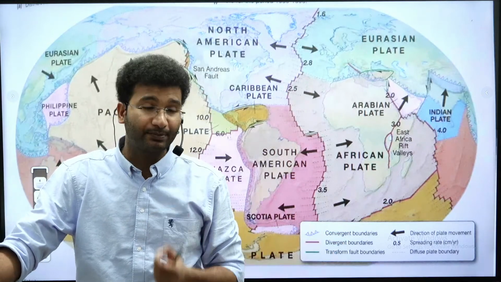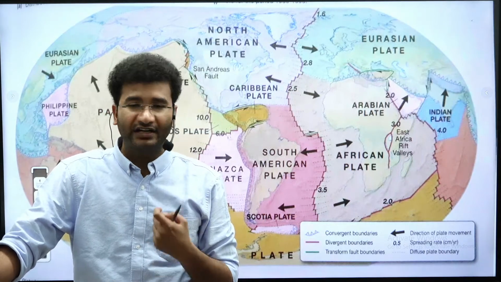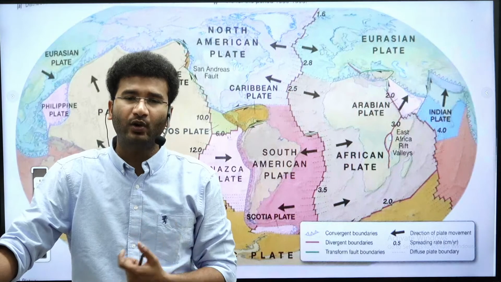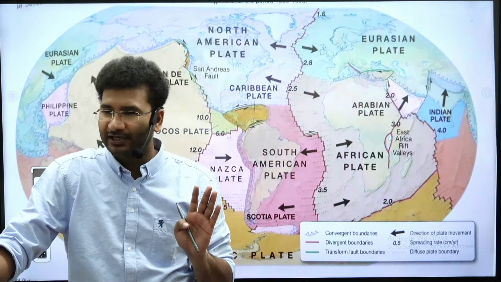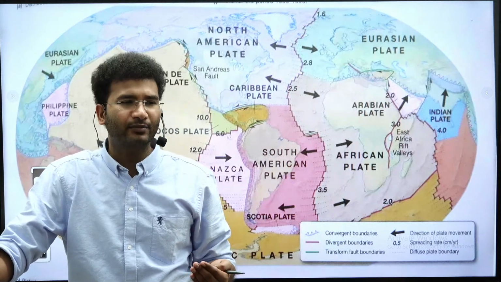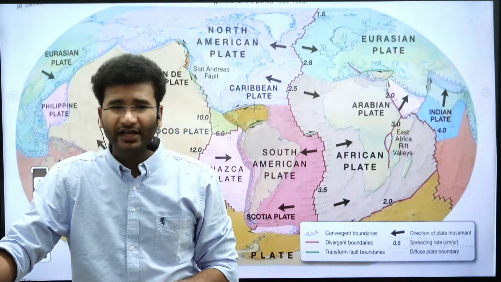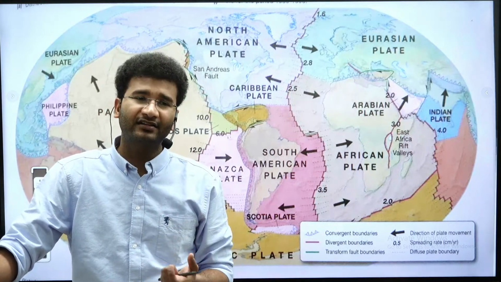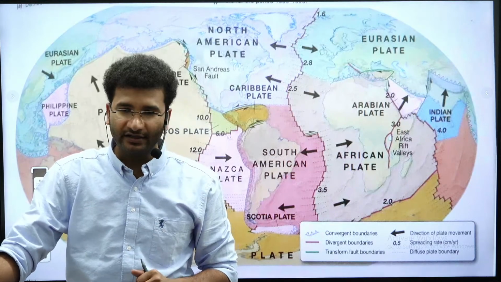It is the first theory which attempted to explain how the continents are moving from one place to another. The forces which Wegener tried to explain were not true, but today the reasons are different, but the continents are definitely moving.